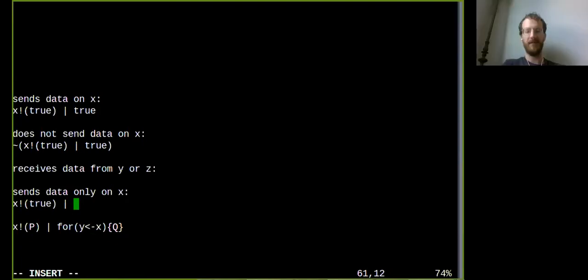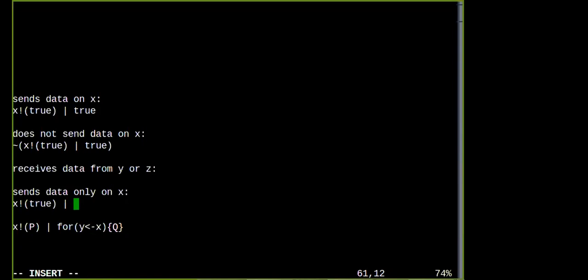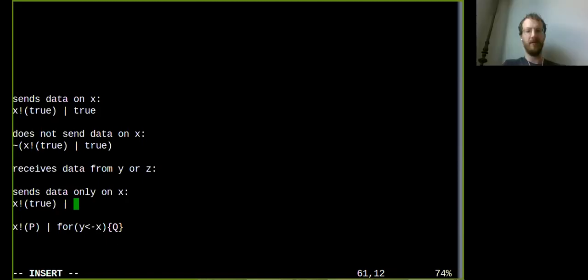Just for true into X. Yeah, so if for and X were our only two things, if send and receive were our only two things in our language, that would probably work. Just have something that matches all the fors.